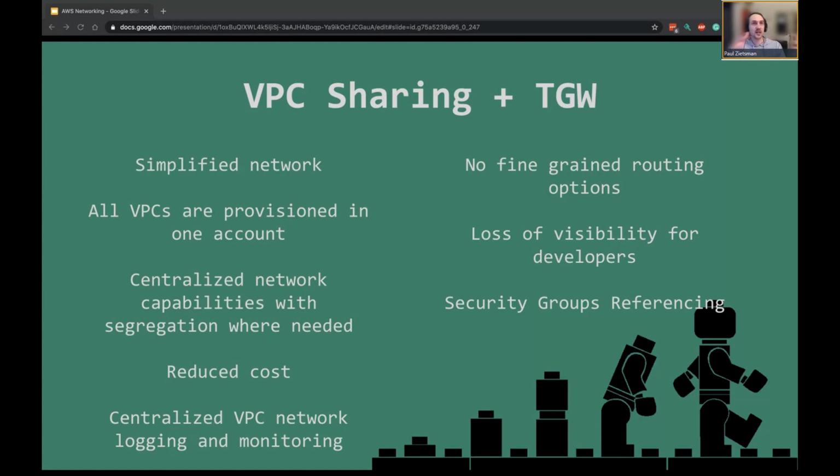So the idea is that we use VPC sharing. What VPC sharing allows you to do is to set up a VPC in a central account, like in your networking account, and then take individual subnets and share that out to other accounts.